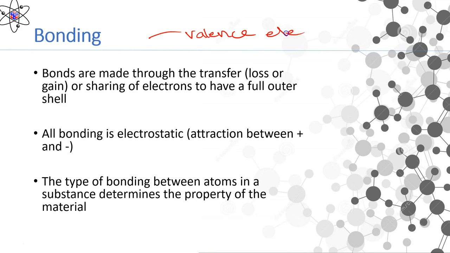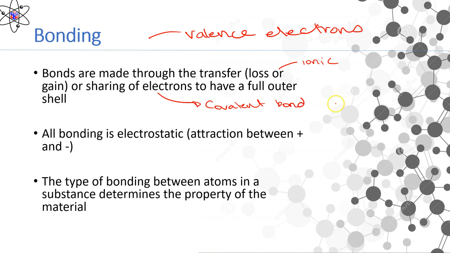And remember, we can always find out how many valence electrons an atom has by looking at their position in the periodic table. So bonds can be made either through the transfer, so the loss or gain of electrons making ions, which is ionic bonding, or the sharing of electrons, which is covalent bonding.